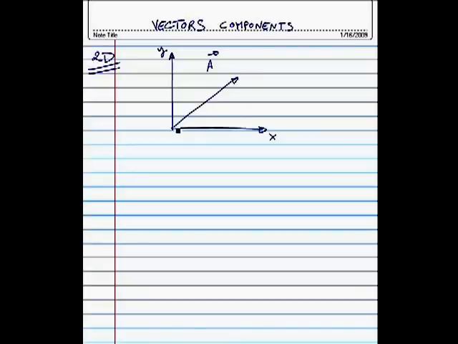Therefore, vector A can be decomposed as the sum of vector Ax, which is parallel to the x-axis, plus vector Ay, which is parallel to the y-axis, which means that Ax is perpendicular to Ay. And therefore, we can write our vector A as Ax plus Ay.